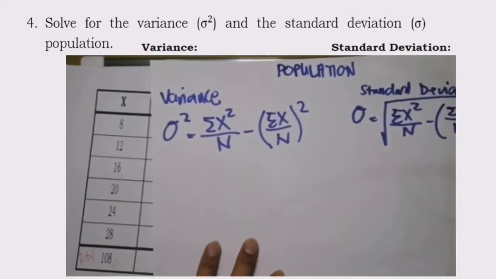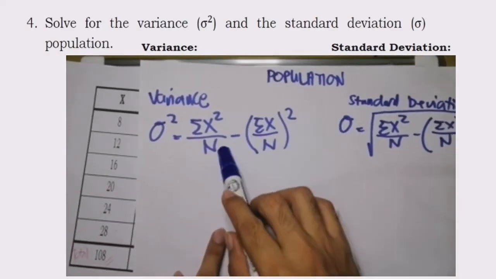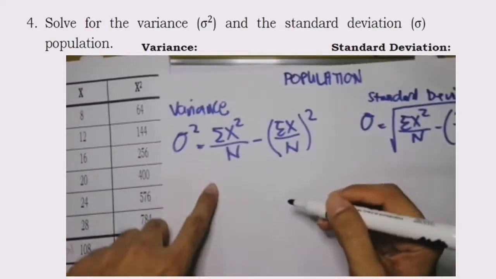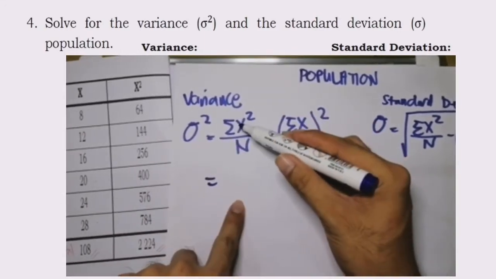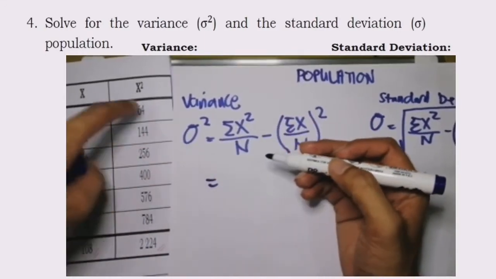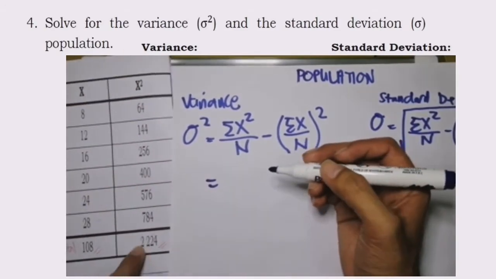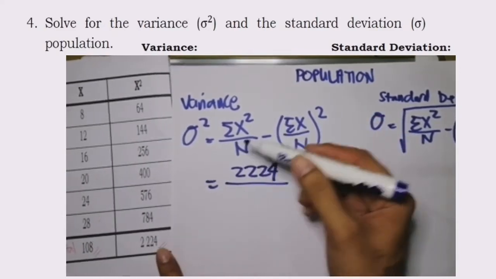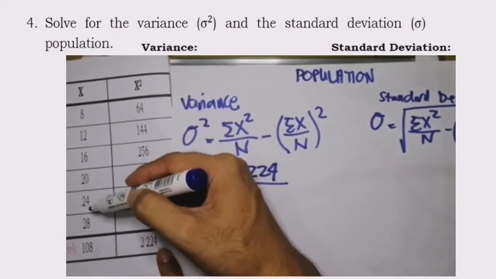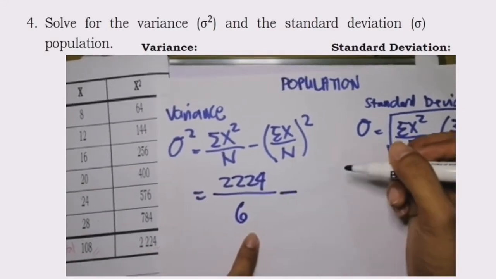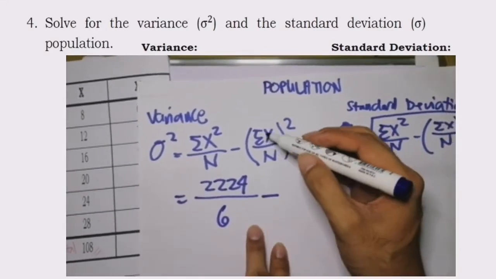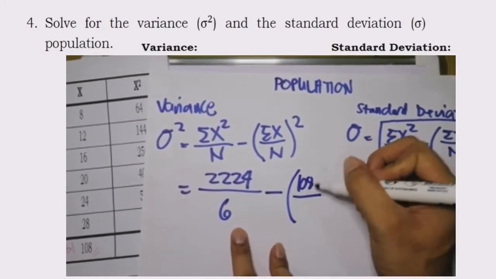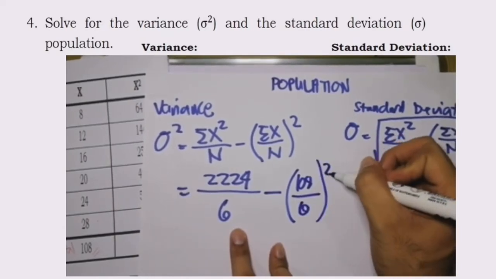We follow the formula: the summation of x squared, which is 2224, divided by n, which is 6, minus the summation of x, which is 108, divided by 6, squared.